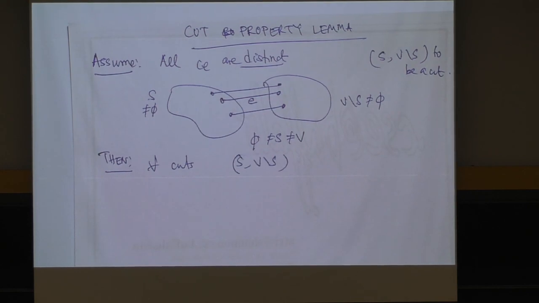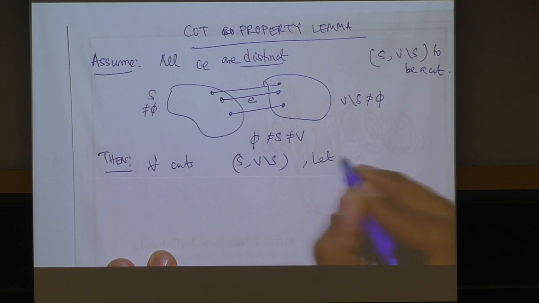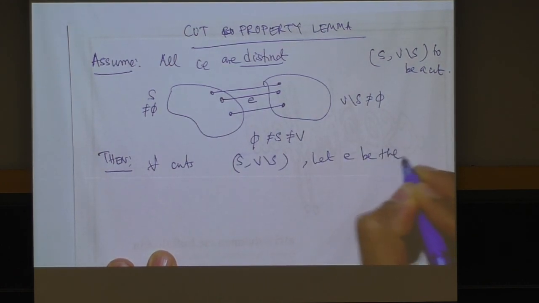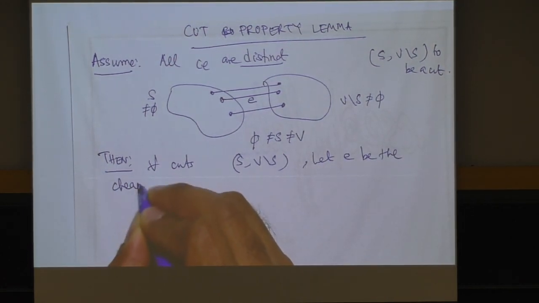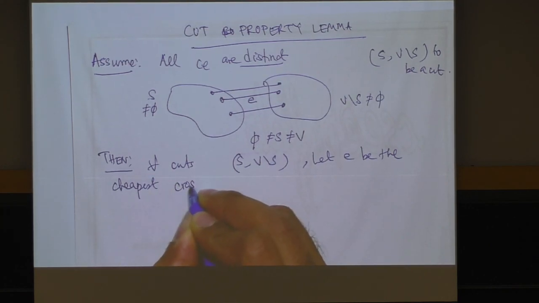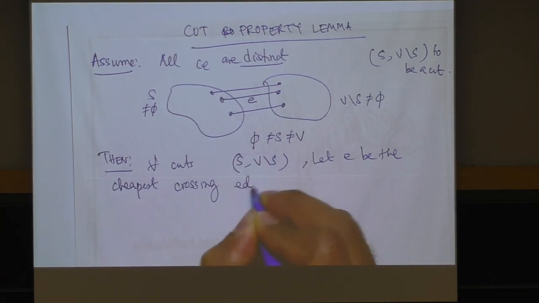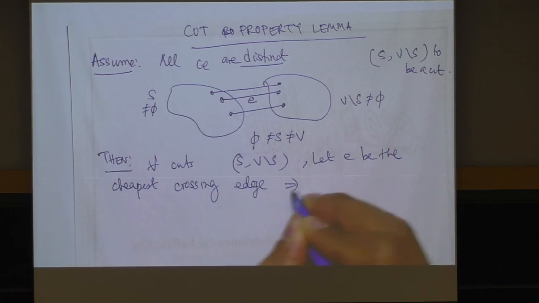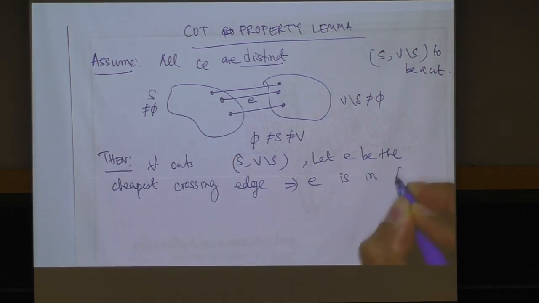And what the cut property lemma states is this special edge with the minimum cost is going to be present in all possible minimum spanning trees of this graph G. Let e be the cheapest crossing edge.